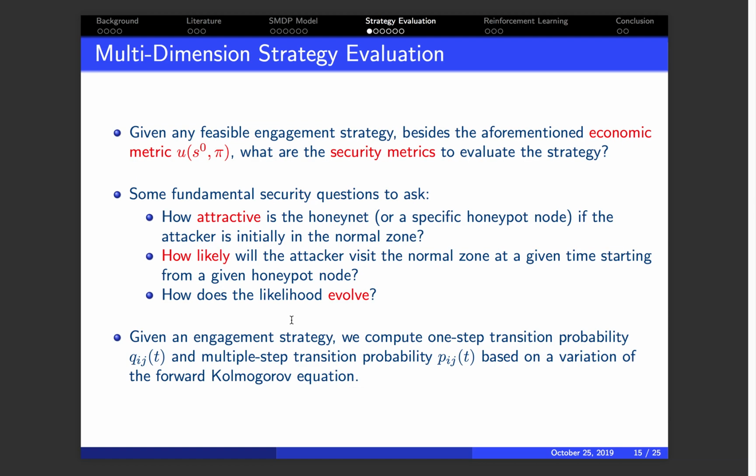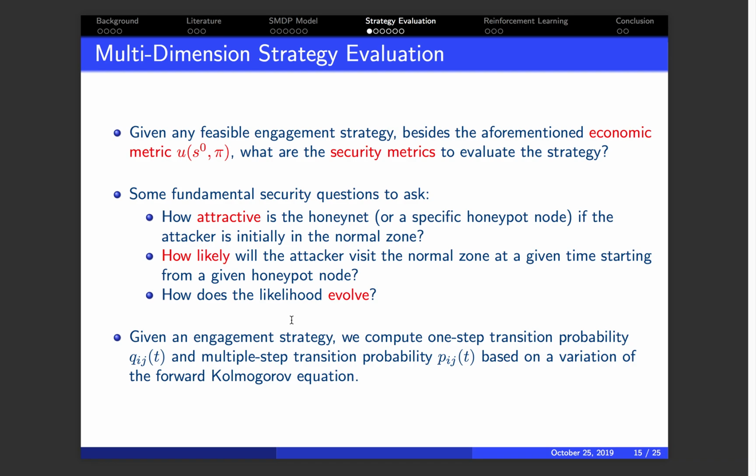So besides the aforementioned economic metrics u as 0 pi, that we compute the optimal policy, we want to ask whether there are some security metrics to evaluate the strategy. Some fundamental security questions to ask, for example, is how attractive is the honeynet?